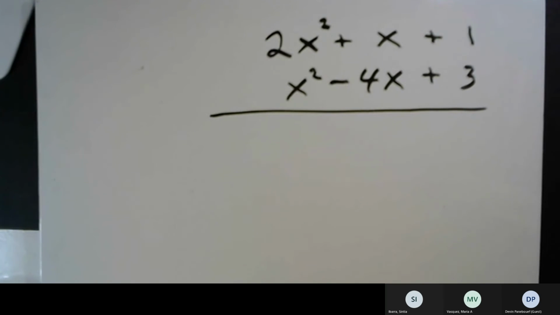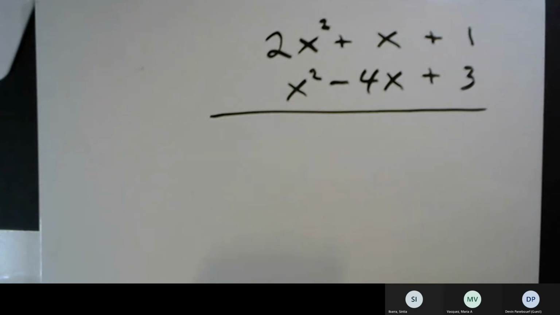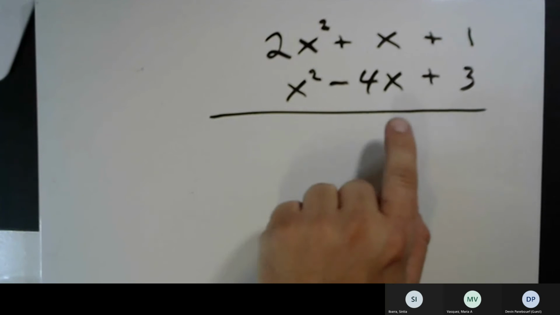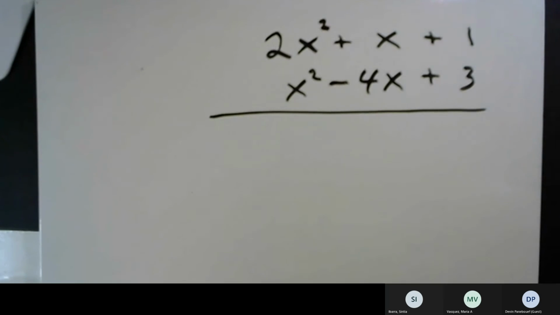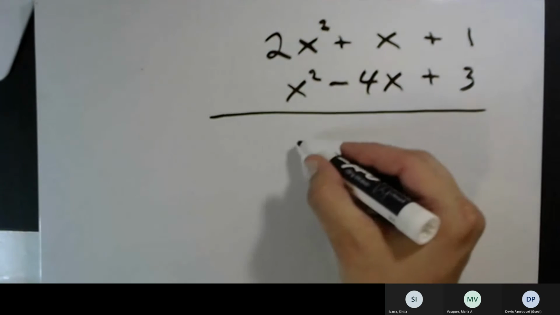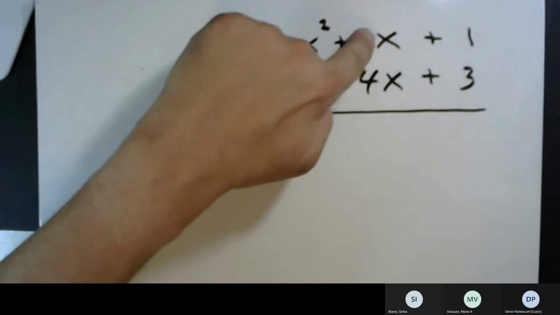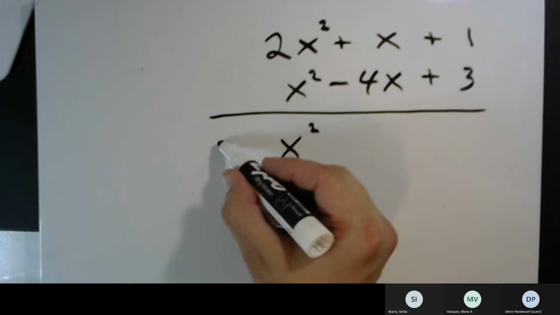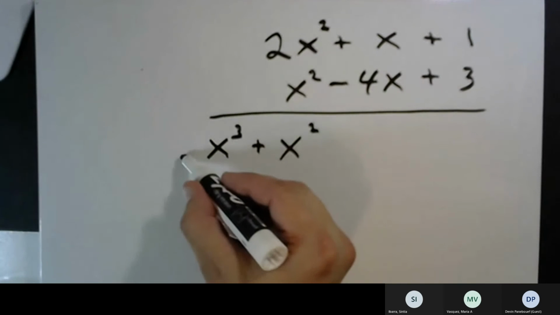And what we're going to end up doing is taking each term in the bottom polynomial and distributing it to each term in the top polynomial. And so this is our constant column, our x column, and x squared. Then we're going to have an x cubed and an x to the fourth. So first off, x squared times 1 is x squared. x squared times x is going to be x cubed. And this is a positive x squared, so we'll give it a plus. This is also a positive x cubed.